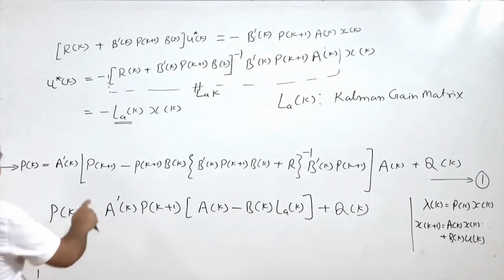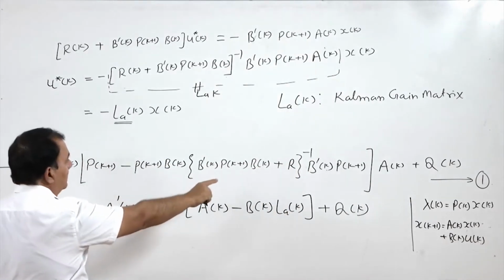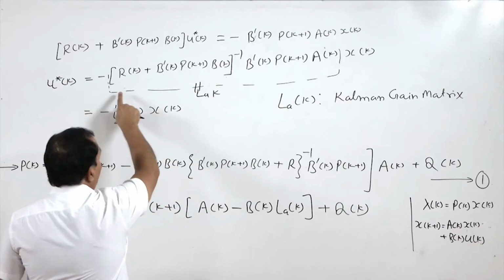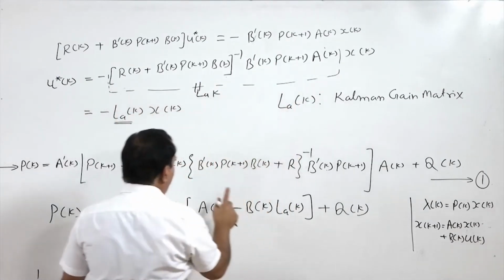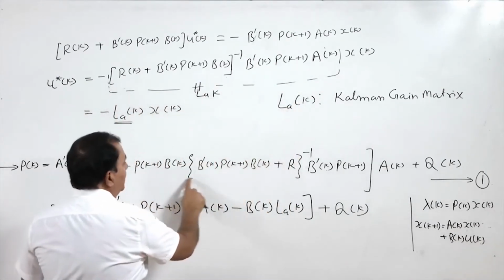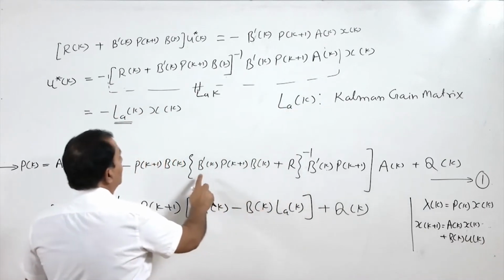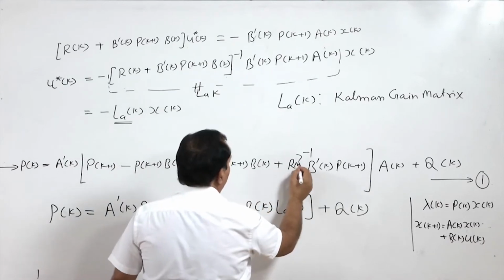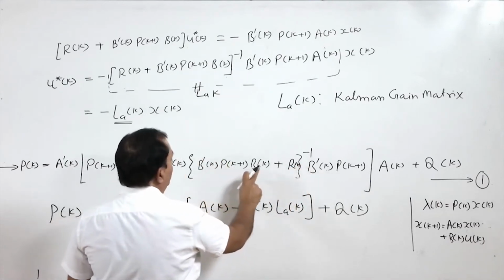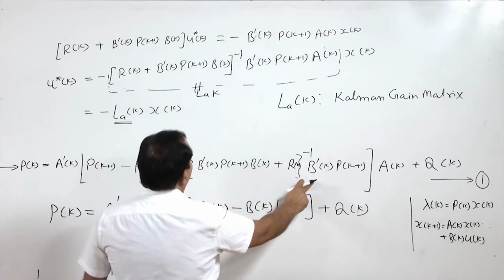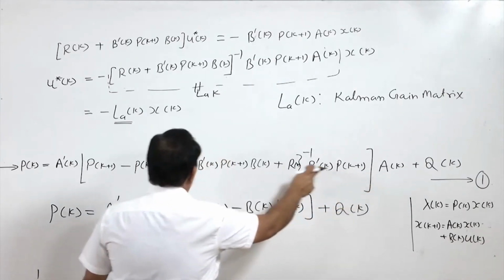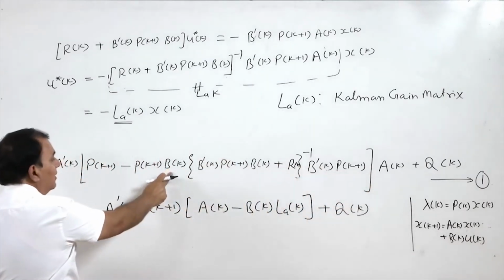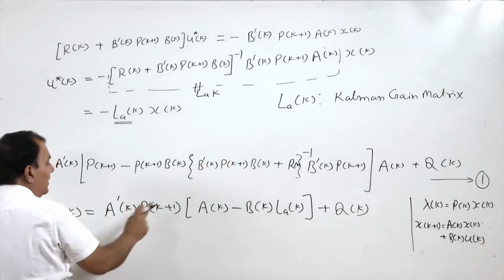So, if we expand this term and write the term which comes out of the expansion of this bracket, we can say this is R_k plus B' P_{k+1} B_k, B' P_{k+1} A_k. So, this is nothing but giving you the L_a k.